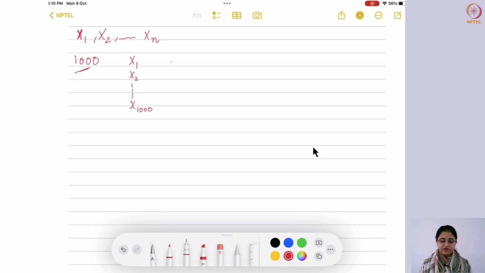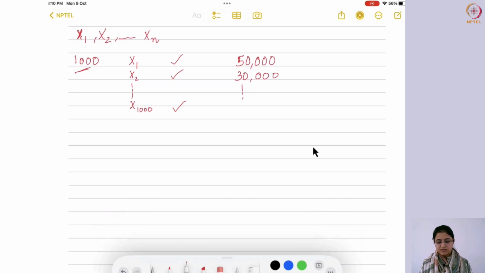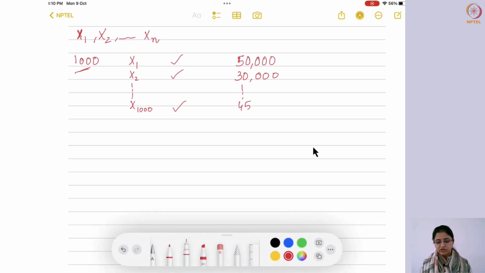So this is the random variable corresponding to the income of the first individual. This is the income corresponding to the second individual, and likewise we will move up till here. Now, suppose you come to know that the income of the first individual is, say, 50,000, and the other one is 30,000, and likewise you keep on getting these answers, and finally suppose this is 45,000.